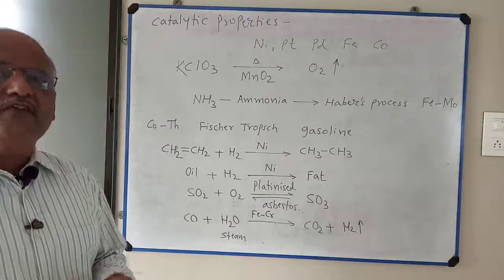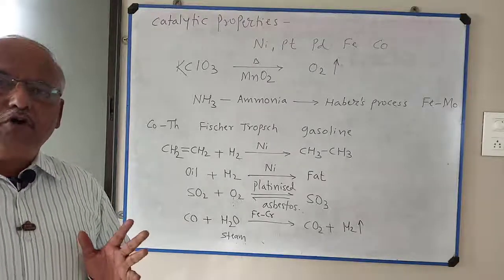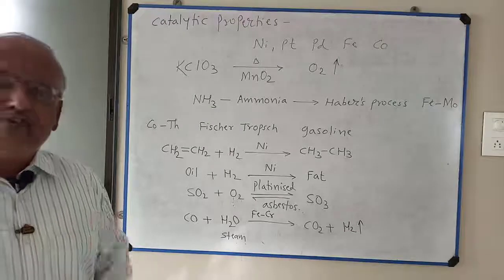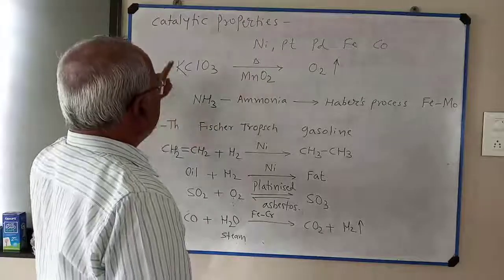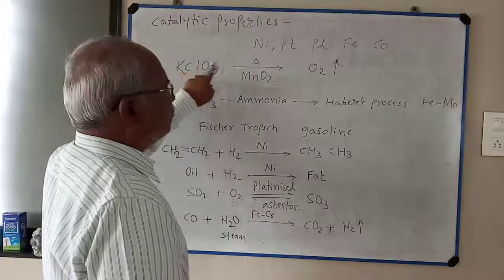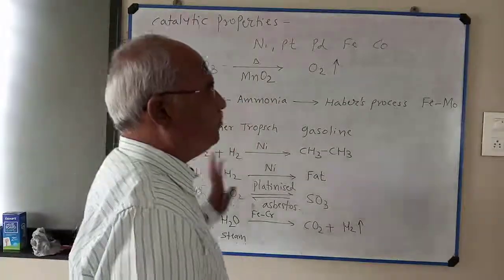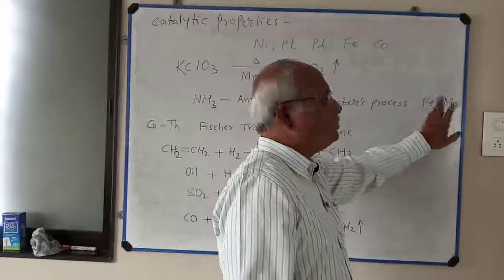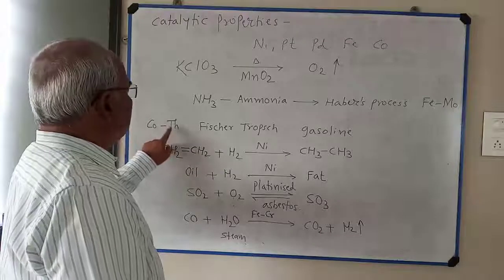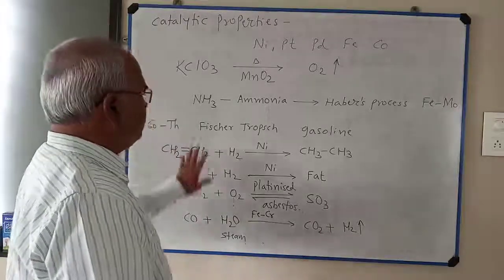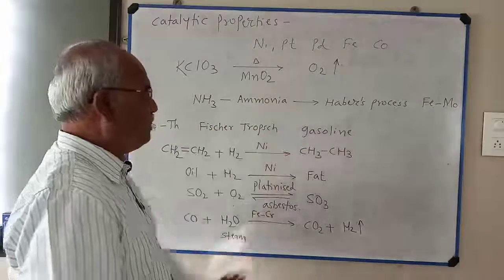So these are some important catalysts used in different reactions. MnO2 is used as catalyst in decomposition of potassium chlorate. In Haber's process for synthesis of ammonia, iron with molybdenum is used as catalyst. Cobalt thorium alloy is used in Fischer-Tropsch synthesis to prepare gasoline, petrol.